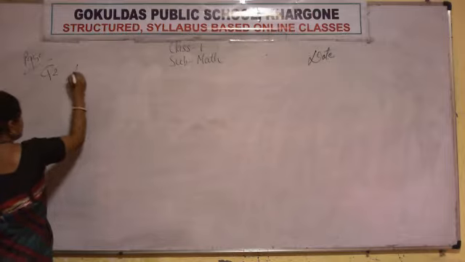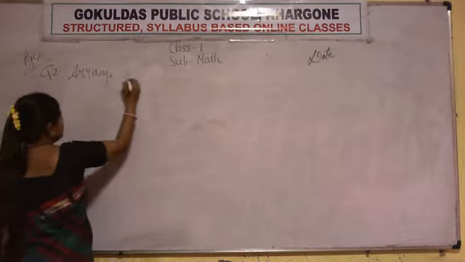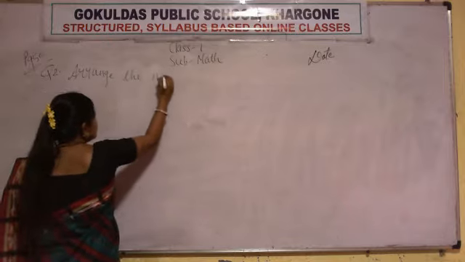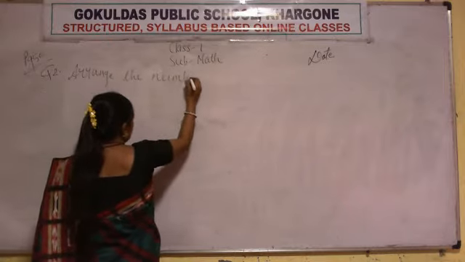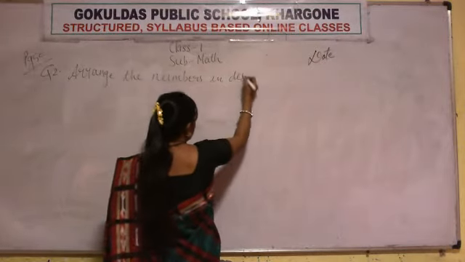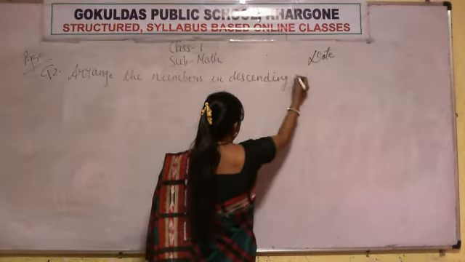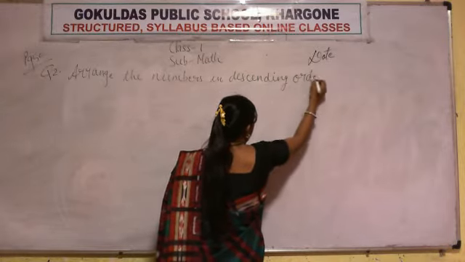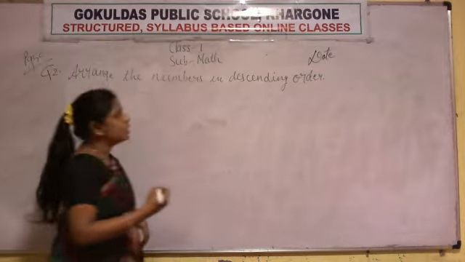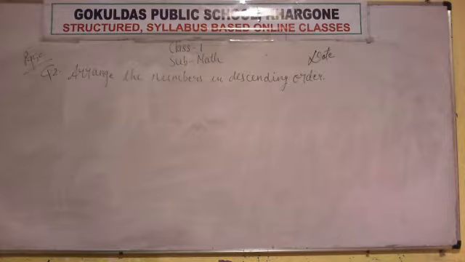Arrange the numbers in descending order, D-E-S-C-E-N-D-I-N-G, descending order. So this is the question. Write the question fast, and write in good handwriting.